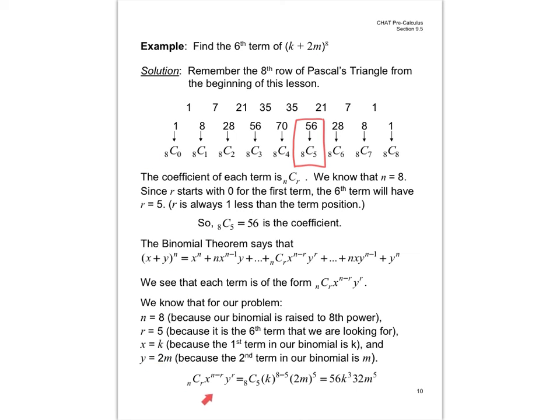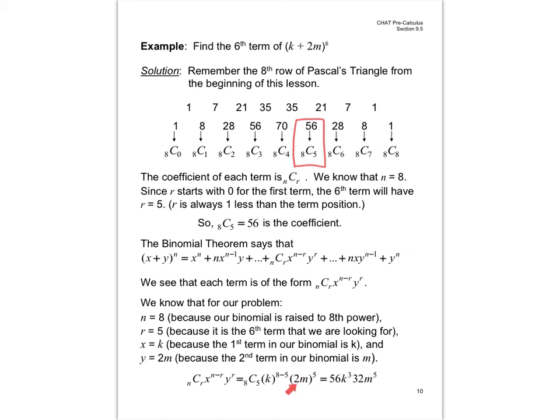So I'm going to take this funny looking thing and I'm going to put in the 8 for the n's, the 5 for the r's, and k goes in place where the x was, and 2m goes where the y was. Now this 8C5 we already calculated, that's 56. So there's the 56. This is k to the 3rd, and this is (2m) to the 5th.